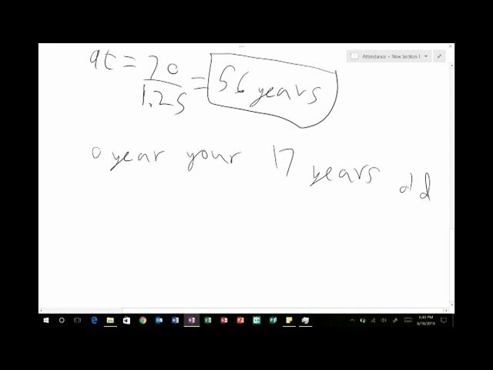So we're going to do 56 plus 17, because you're 17 years old during the 0 year, so 56 years after that, which is 73 years old. So in the end, you'll be 73 years old.